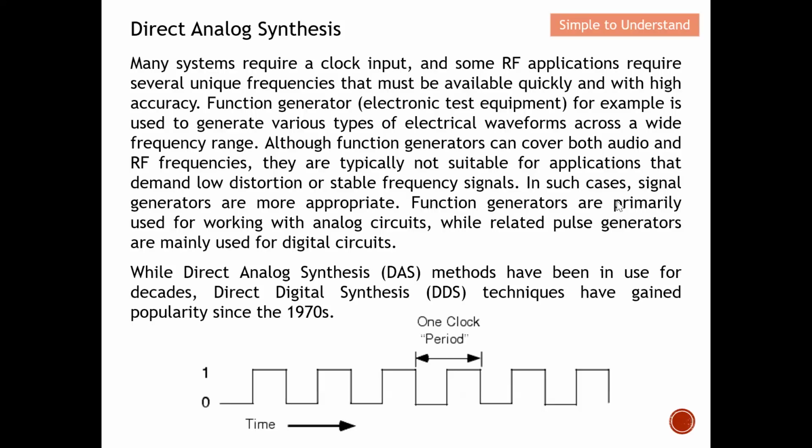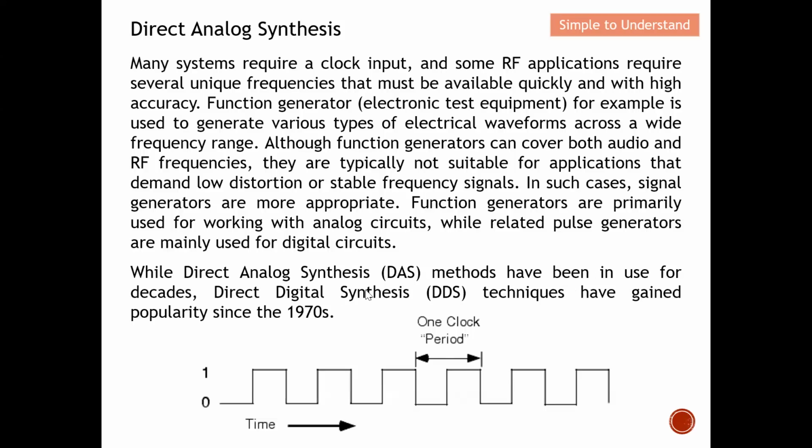Function generators are primarily used for working with analog circuits, while pulse generators are mainly used for digital signals. In short, direct analog synthesizer is mainly used for analog circuits, while direct digital synthesizer is mainly used for digital circuits.